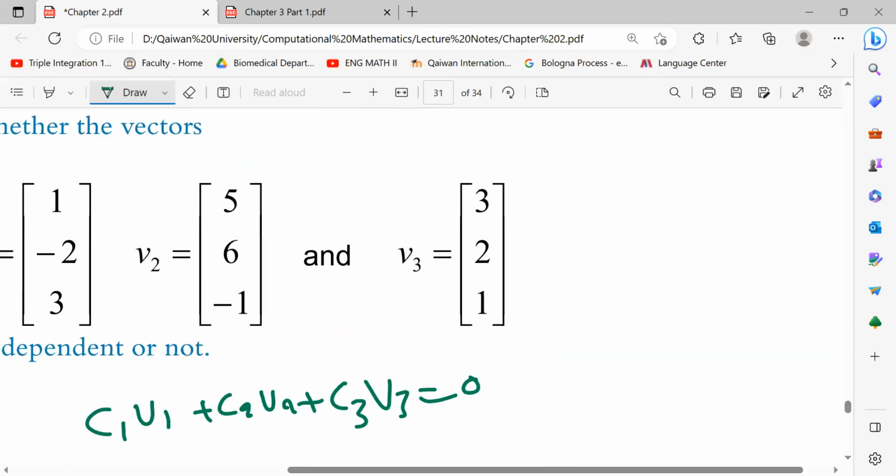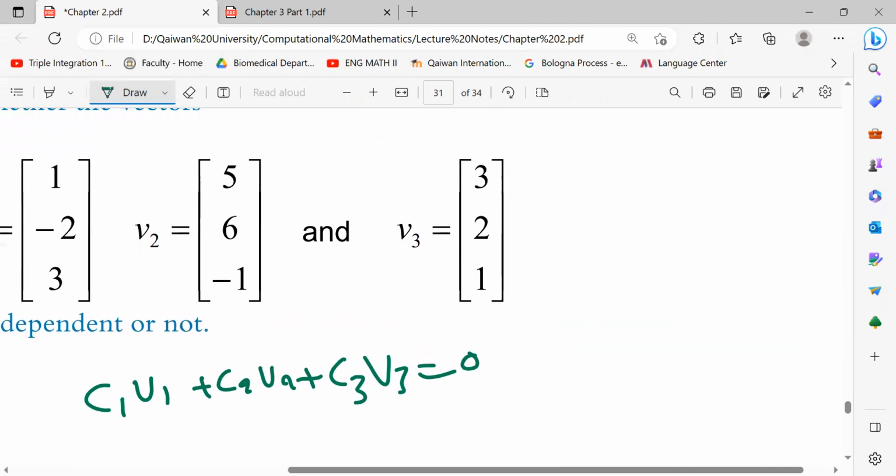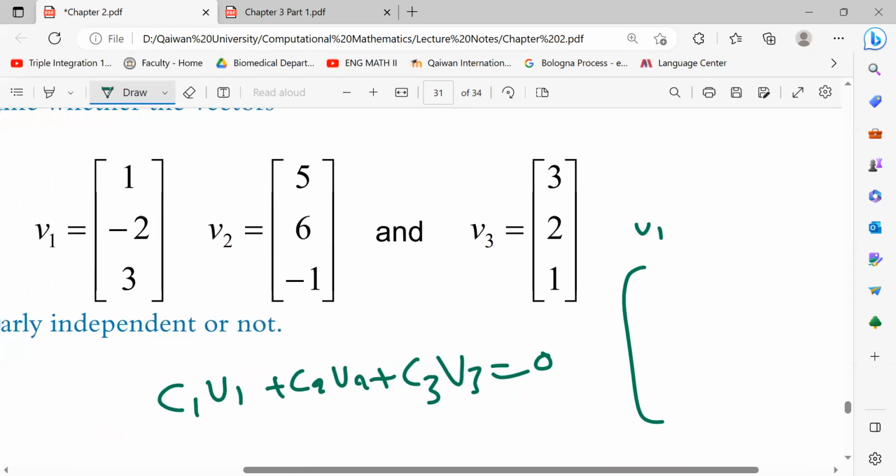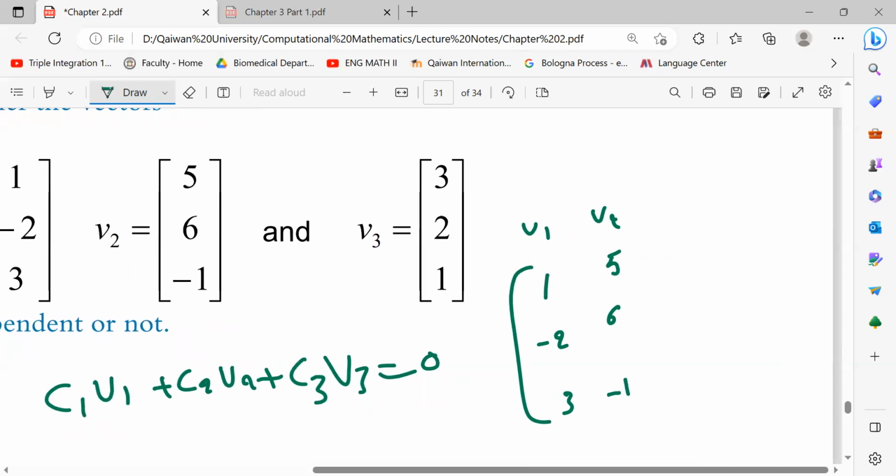How do we write these vectors as a matrix? V1 we write as the first column, which is 1, -2, 3. V2 is the second column, which is 5, 6, -1. V3 is 3, 2, 1.